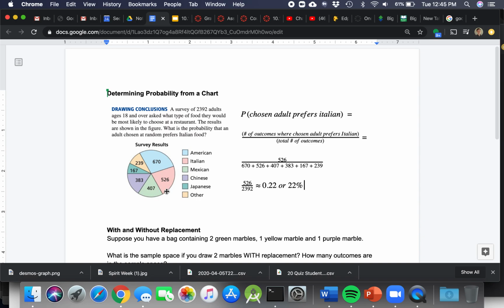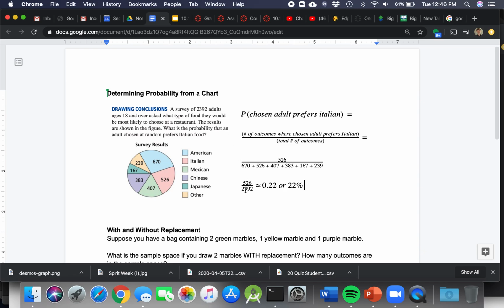Then, how about the total number of outcomes? Well, we could pick any of the people in this survey. And how many people are there total? Well, it does tell us that directly. I have it added up in my problem, I guess that is unnecessary. It says it's a survey of 2,392 adults.